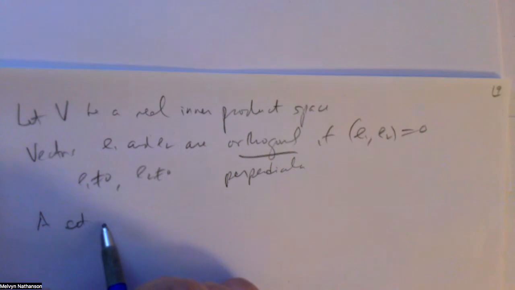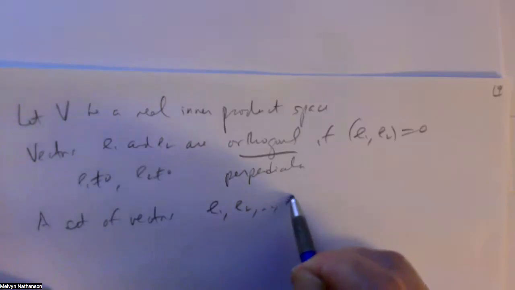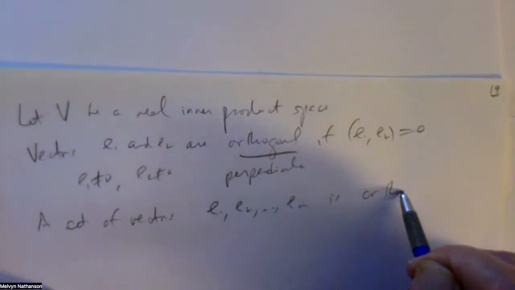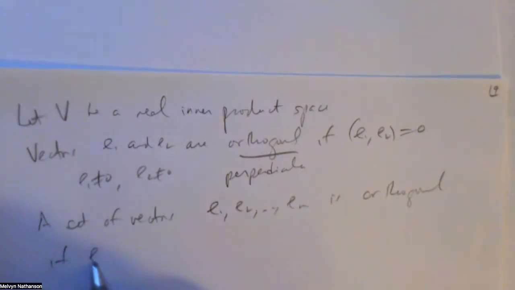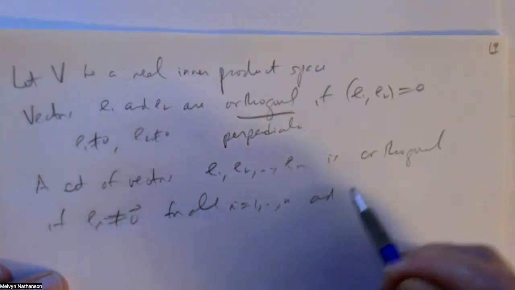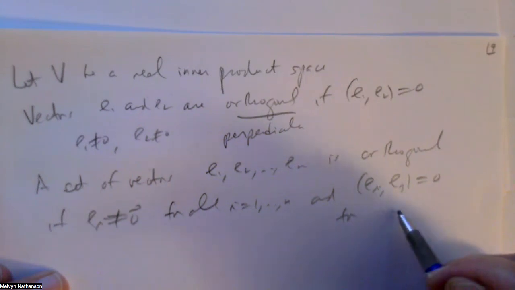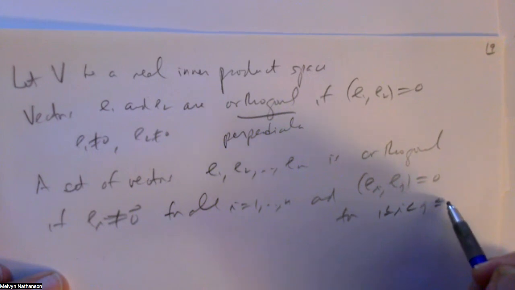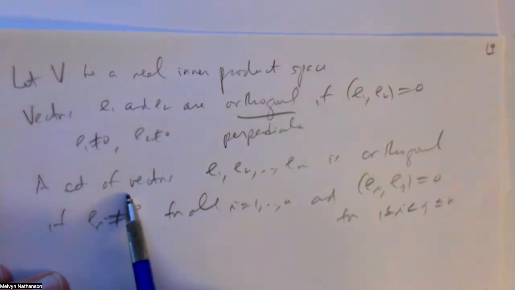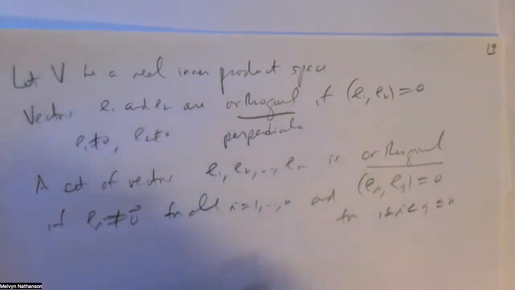And a set of vectors, E1, E2 up to En, is orthogonal if they're all different from 0 and the inner product of any two of them, Ei, Ej, is 0 whenever i is different from j, say i strictly less than j. So a set of vectors is orthogonal if they're pairwise orthogonal. The inner product of any two of them is 0.